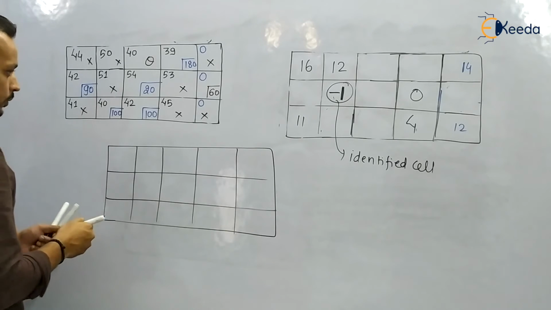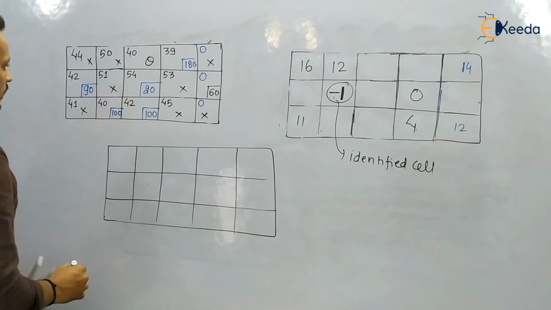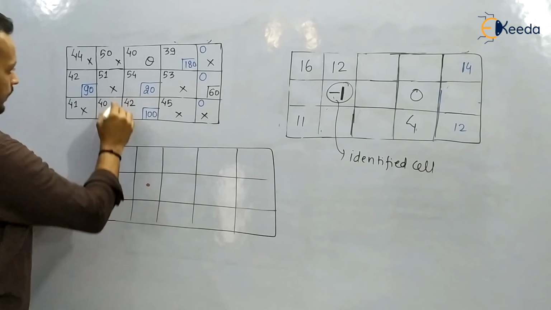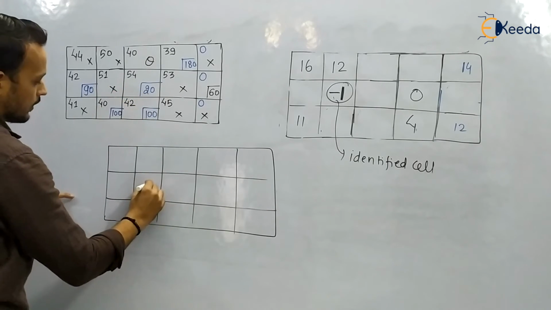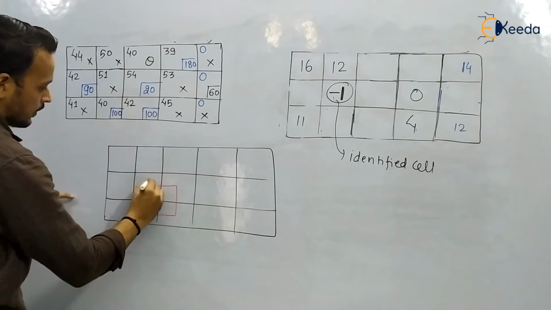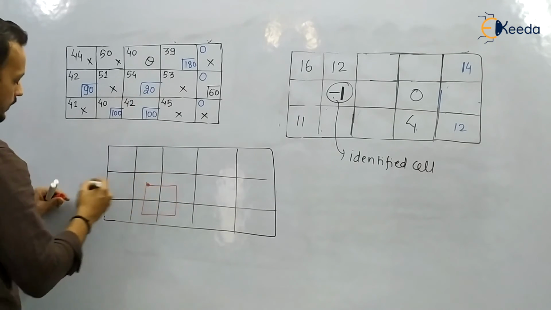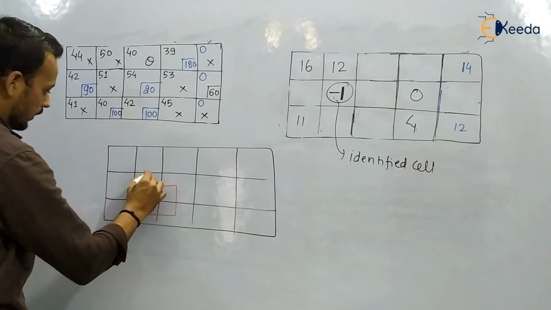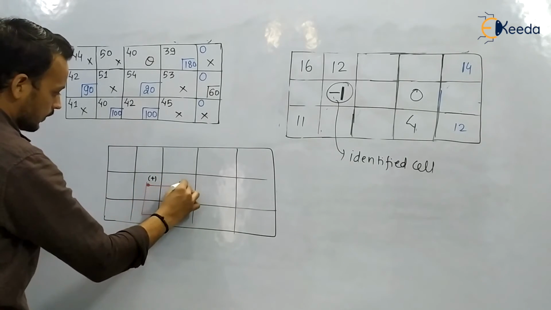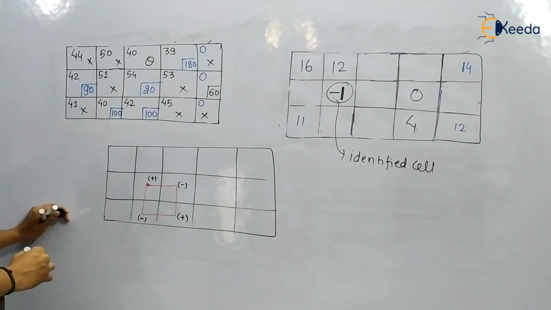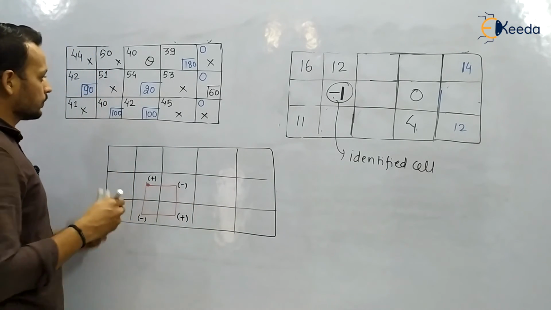So starting from this cell, you can see here. Okay, starting from this cell, we will make a loop. So you can see here we have got 20. At the corner there must be a location. So here we have to provide units. So it is positive, negative, positive and negative. Okay, and we will take from the list.